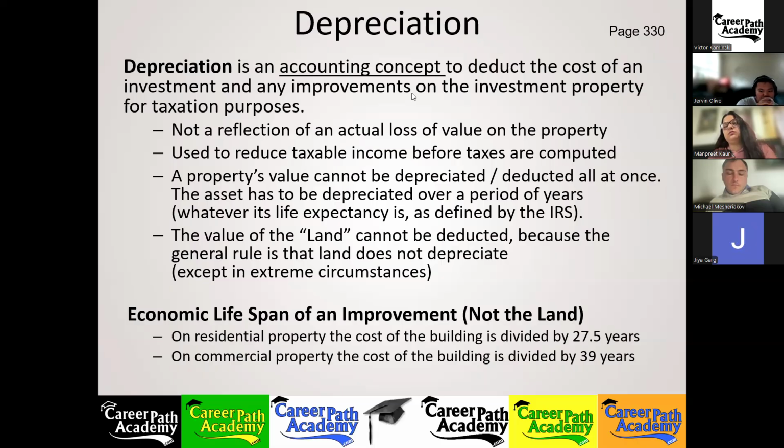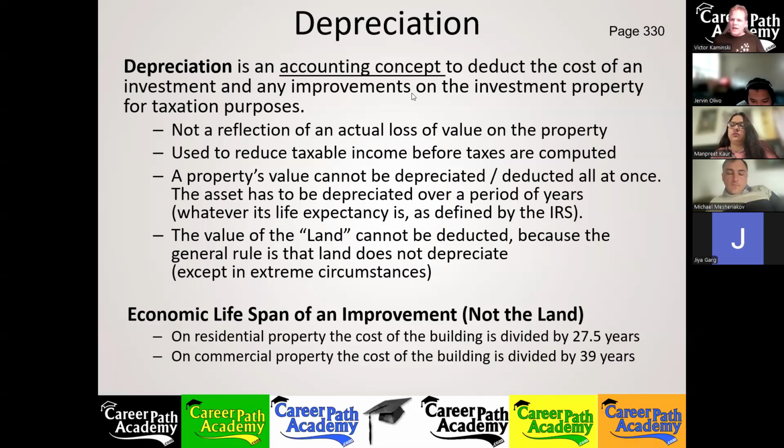For a car, they estimate it'll last maybe 6 or 7 years. So you can deduct the entire cost to purchase that vehicle over the next 6 or 7 years. You take the total cost and divide it by the number of years, and that's how much you could write off against your income.